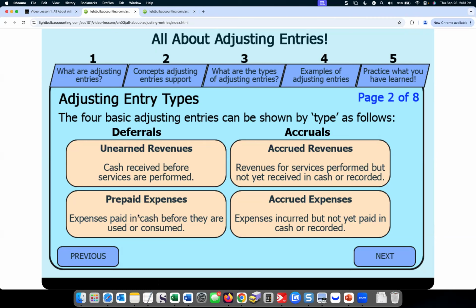The other one is prepaid expenses. This is kind of a misnomer because you're thinking about expense. Let me take a basic example that puts a picture to this. A company buys things up front that they're going to use, like cleaning supplies or office supplies. Let's just think office supplies for a minute. They buy everything up front.